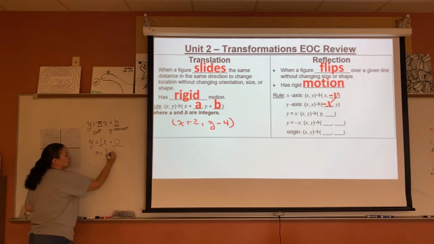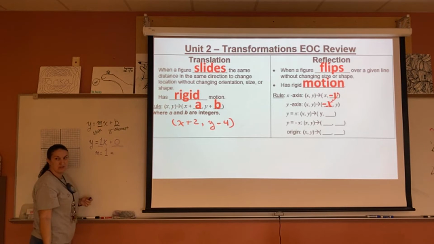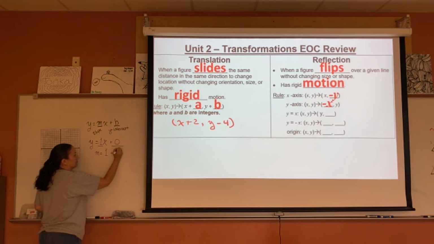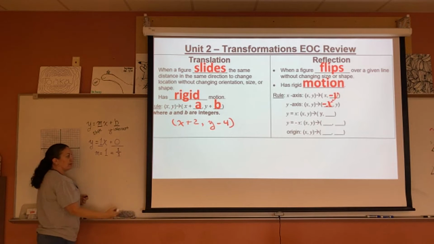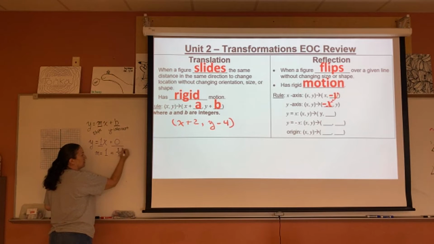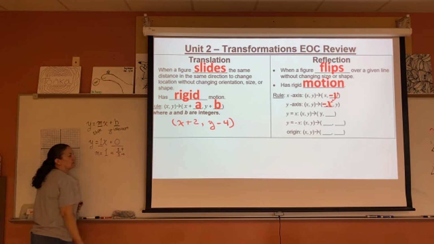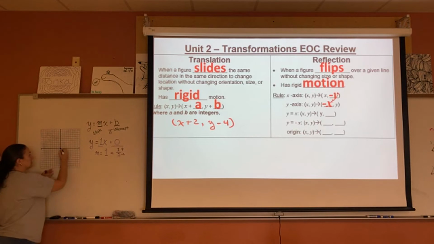But I need to make it a fraction. What is 1 as a fraction? 1 over 1. So remember, you can make any number a fraction by putting it over 1. Okay, so that means I'm going to rise 1, run right 1. So from this point, go up 1, right 1, up 1, right 1, up 1, right 1, and so on until you've created this line. And you can go backwards too to continue your straight line.